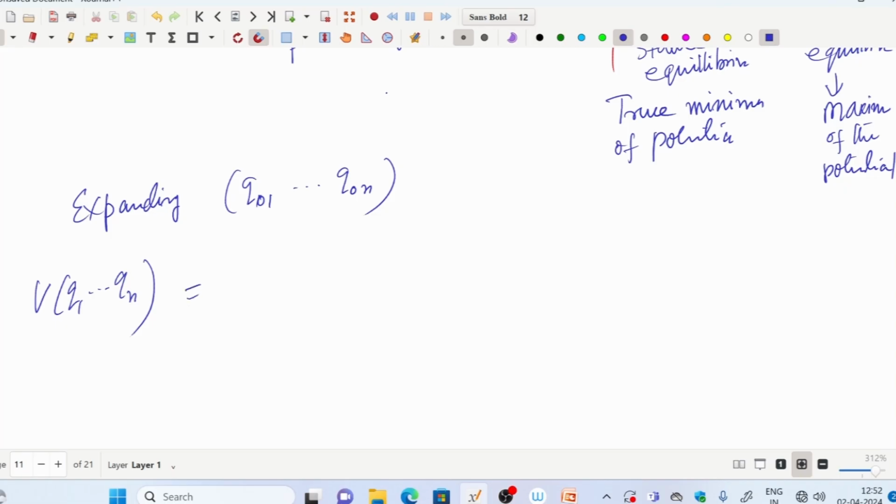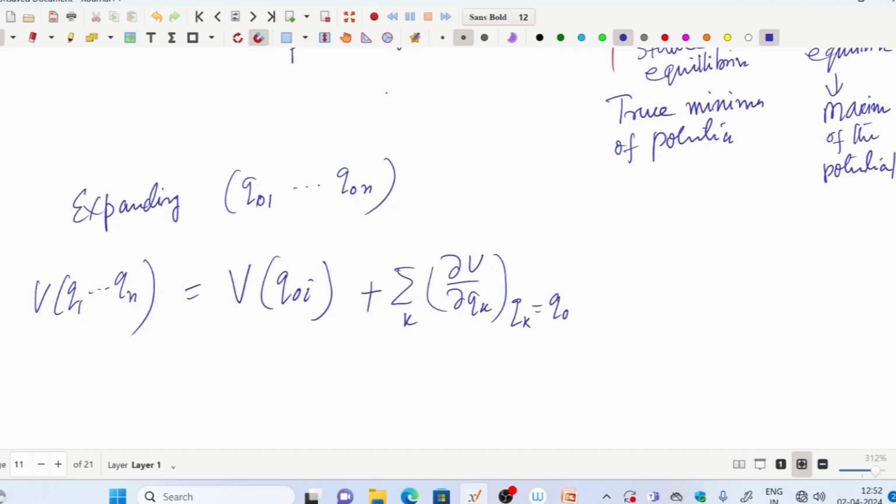So, this will be V at the equilibrium, q 0, plus the sum over k of del V del q k, calculated at q k equal to q 0 k, for all the first derivatives, times q k minus q 0 k.